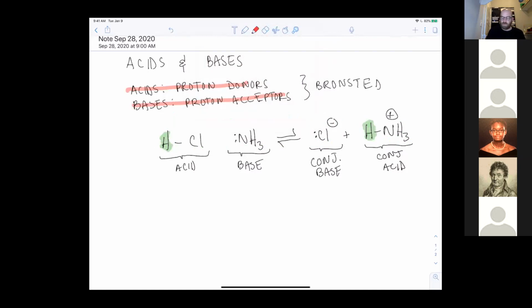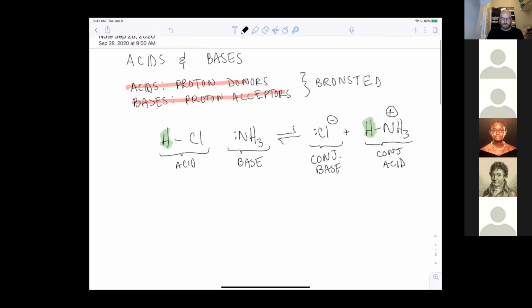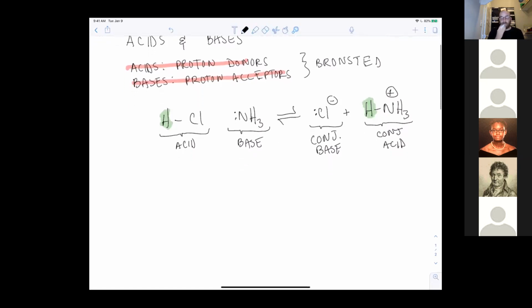But if I run it in reverse, now it's lost that proton, so it becomes the proton donor. That's where the term conjugate acid, conjugate base comes from. Every acid has a conjugate base once it reacts, because now it's lost a proton, now it can accept a proton on the other side. So familiarize yourself with those terms. Strictly from a practical problem solving perspective, the conjugate base is whatever has lost a proton, and the conjugate acid is whatever the base was plus a proton.